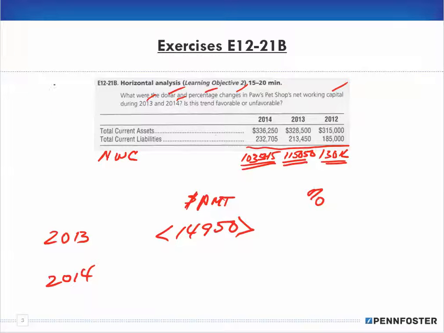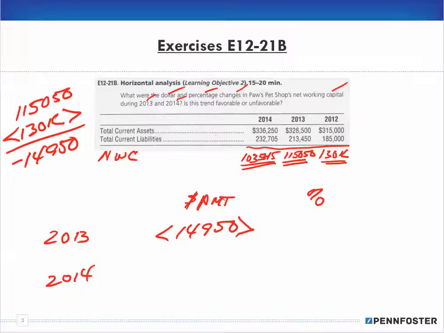If 2013 is 115,050, and then we subtract out 130,000, that gives us a negative 14,950. But doing the math like that gets a little difficult because I'm subtracting a larger number.